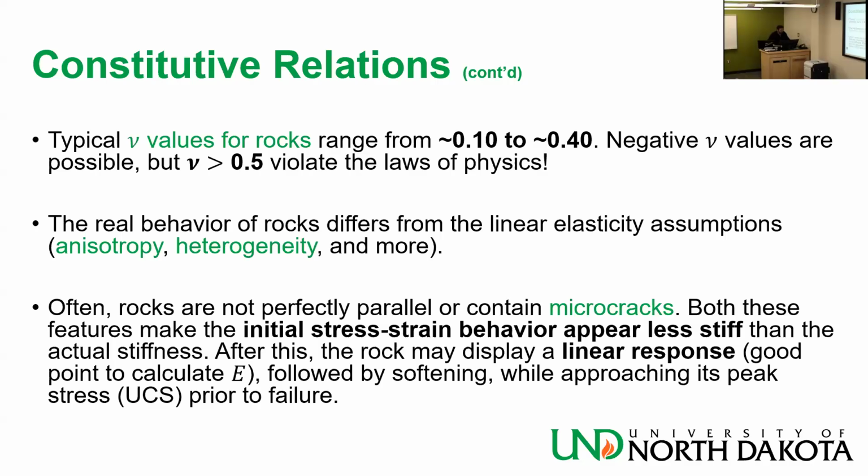Both these features make the initial stress-strain behavior appear less stiff than the actual stiffness. After this, the rock may display a linear response, a good point to calculate E, followed by softening while approaching its peak stress, UCS, prior to failure.